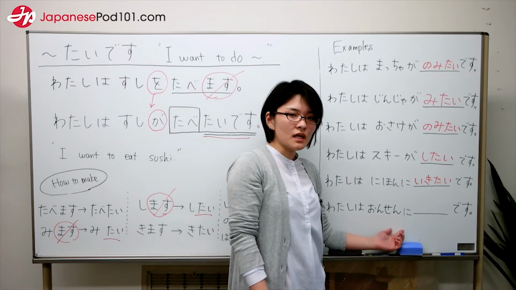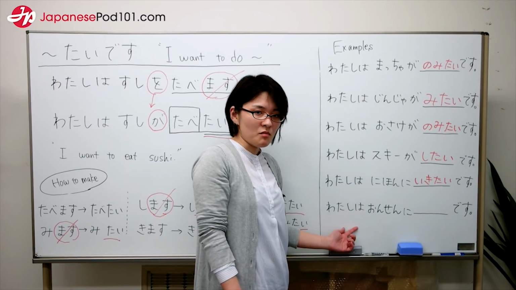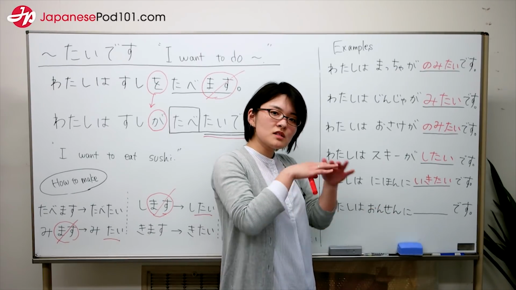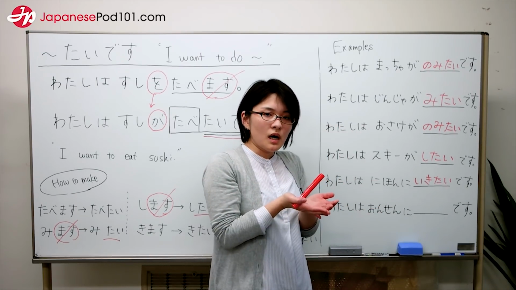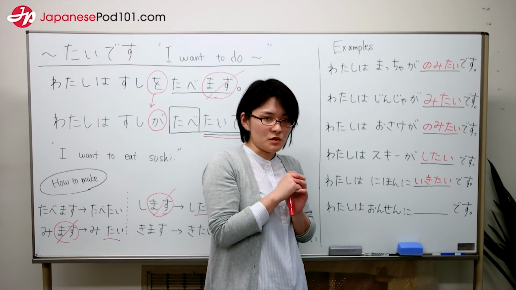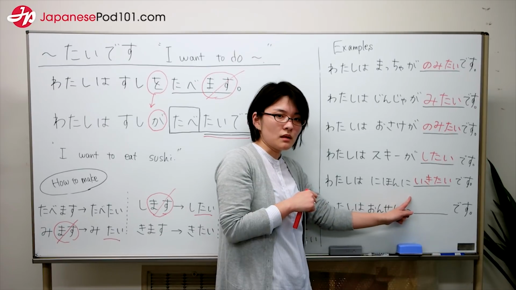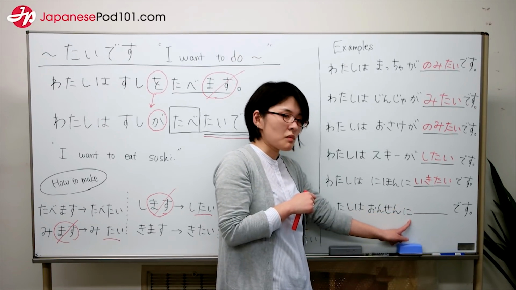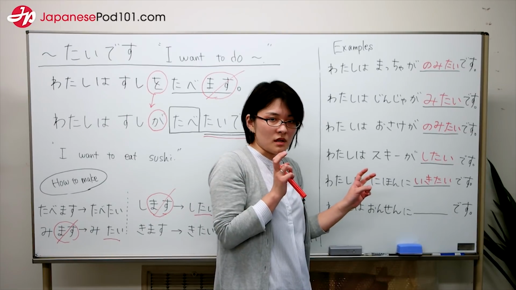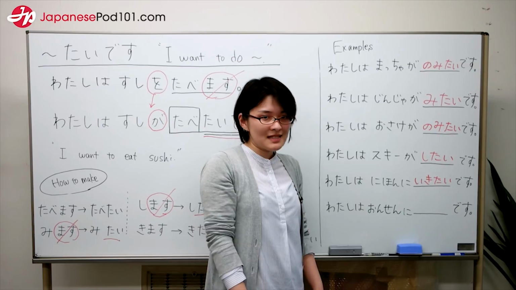The last one is I want to go in a hot spring. 私は温泉に something です. So 私は is the same part, I. And 温泉 means hot spring. Because Japan has lots of mountains, it also has lots of hot springs. So you can find the best ones in Japan. So ni is the same particle as the previous one, the direction particle ni, and the missing part is go in or enter. Go in or enter is 入ります in Japanese.